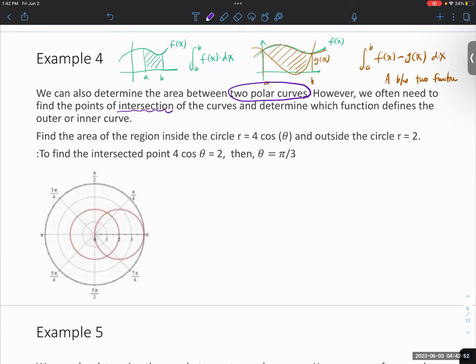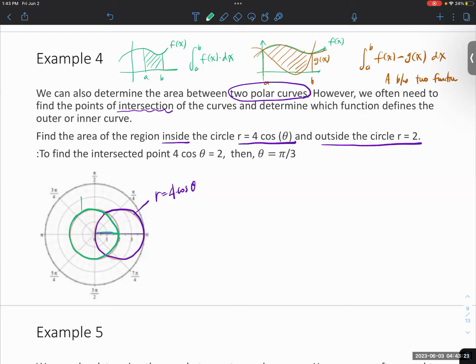So let's take a look at the question more. Find the area inside of the polar function r equal to 4 times cosine theta, and outside of the one with radius 2. This one is r equal to 4 times cosine theta. I'm going to use green for the other one, which has radius 2.